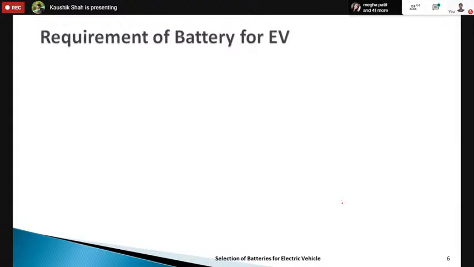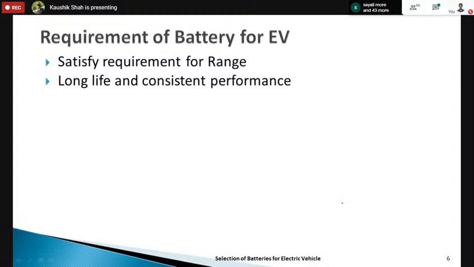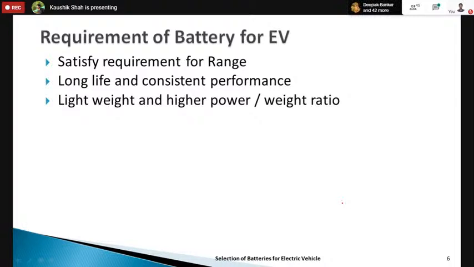So let's look at what the requirements of batteries for EV are. Definitely, it should satisfy your range requirement, long life, consistent performance. Every battery which you put on your vehicle should give you the end of life. Everybody wishes to get lightweight and a high power-to-weight ratio.